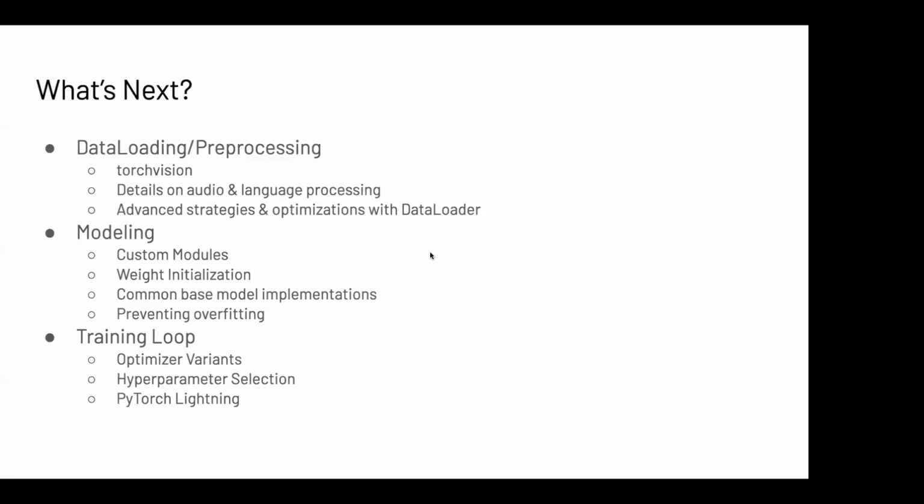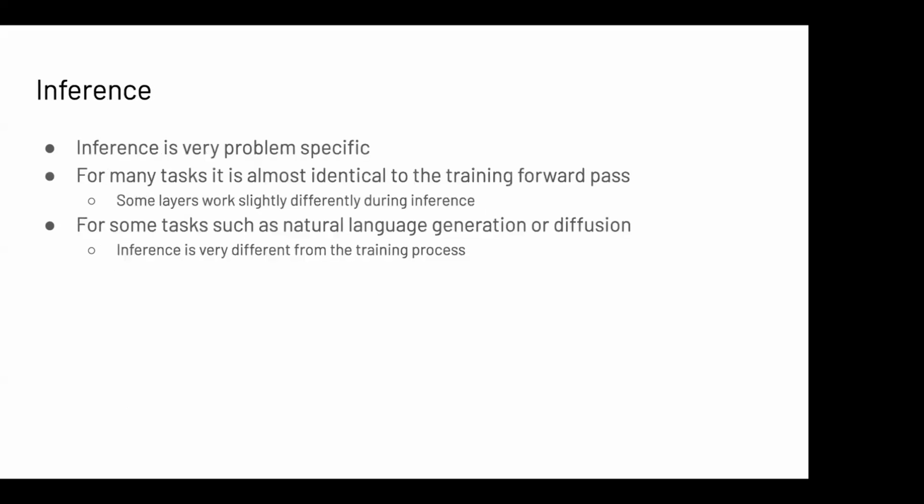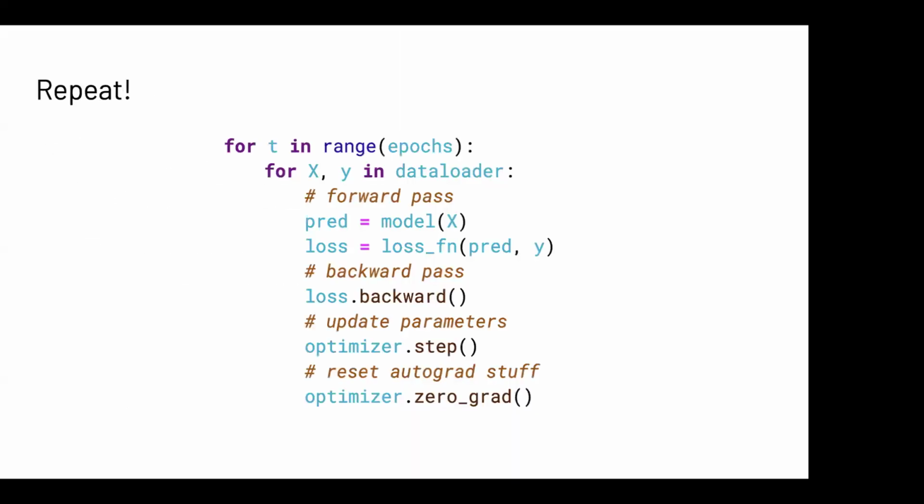In there, I defined a train step and an eval step. What this loop now looks like is you have a for loop over epochs, and then you have the train and the eval, and the evaluation is slightly different.